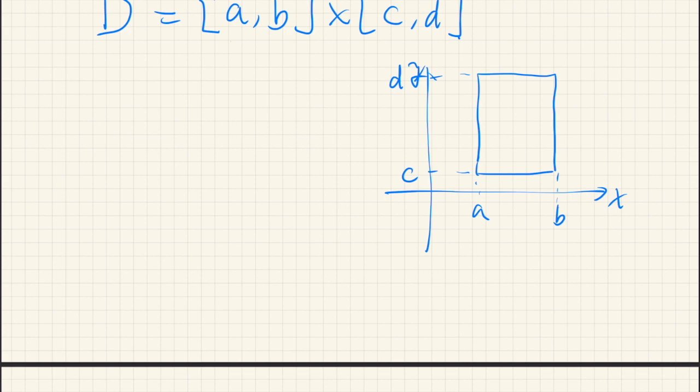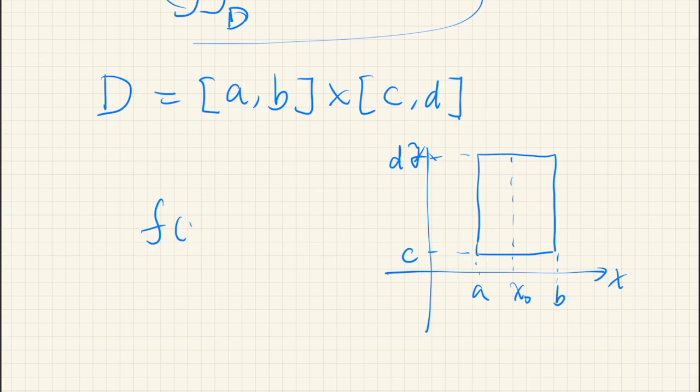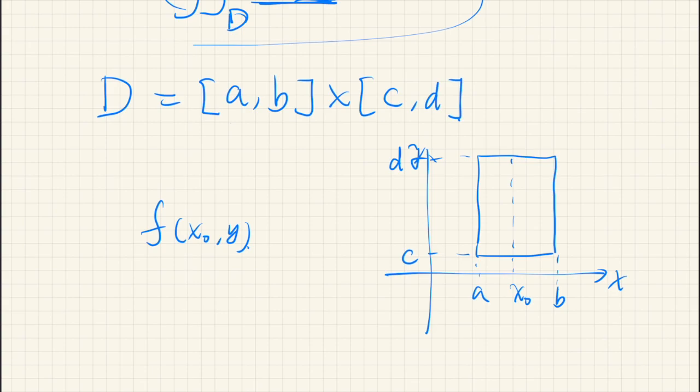Next, fix the value of x to some value, say x0. So we consider this function of y alone. By the way, we assume that this function f of x and y is continuous on this region D. So if we fix the value of x, then this is a continuous function of y.